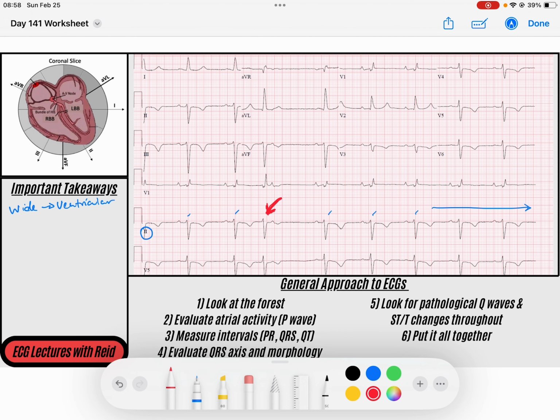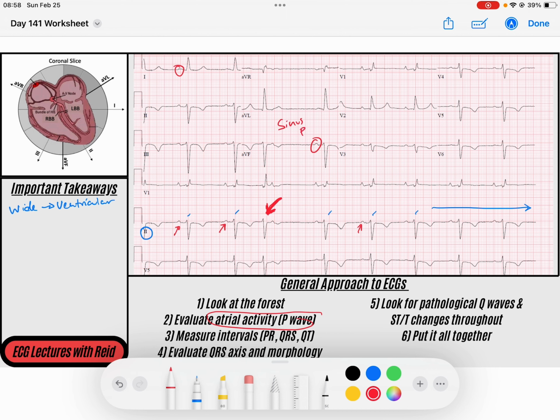So when I look in front of each QRS, I do notice P waves. I see some P waves here. And if we evaluate the atrial activity, we can see those P waves are upright in lead 1. They are upright in AVF, so they are sinus P waves.